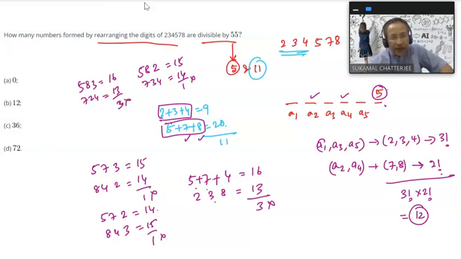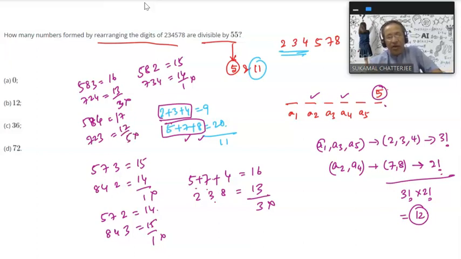Not divisible by 11. And the last combination that you can do is 5, 8, 4 and 7, 2, 3. So, 5, 8, 4 gives you 17 and 7, 2, 3 gives you 12. So, this is 5, not divisible by 11.